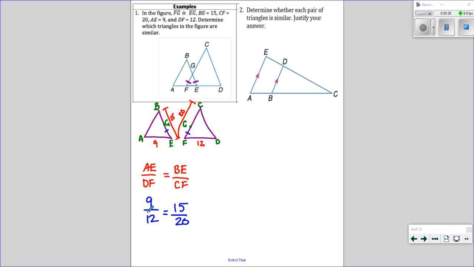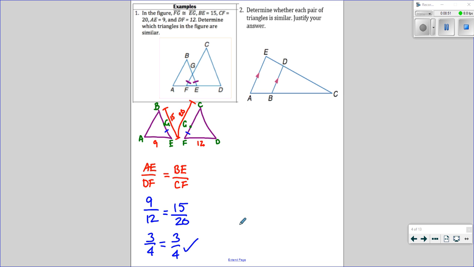All right, and if I want to go any further, I can either cross multiply or reduce the fraction. So this one, what they have in common is 3, so then it'd be 3 over 4. And then this one, the greatest common factor is 5. So then that'd be 3 over 4.